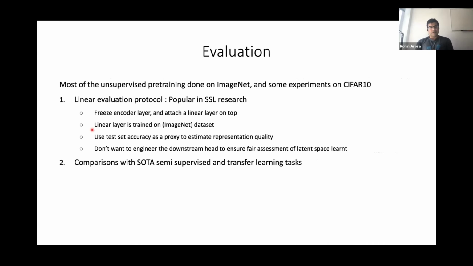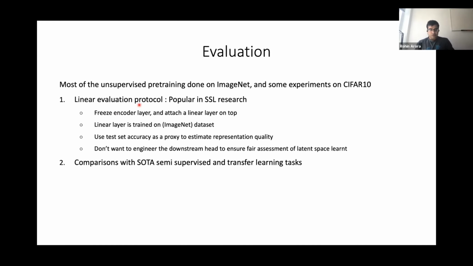Now evaluation. For evaluation, they used the linear evaluation protocol. That is one way. And then they also compared it with semi-supervised learning and transfer learning. And it's really worthwhile to understand what the linear evaluation protocol really means. And you must have heard of this in previous MoCo and InfoMin presentations as well.